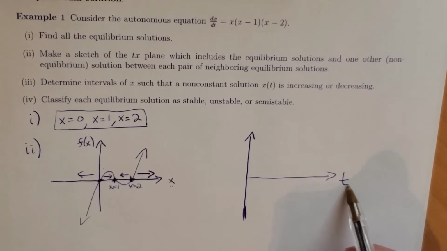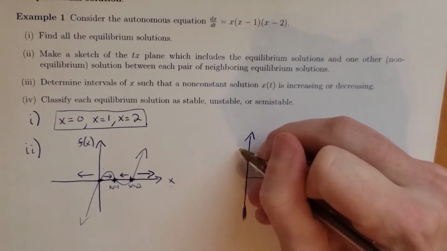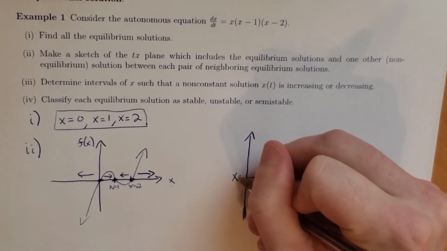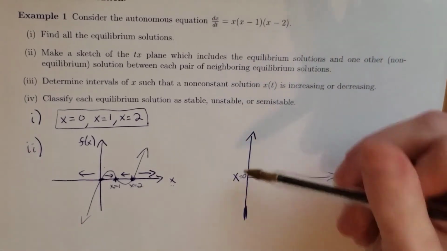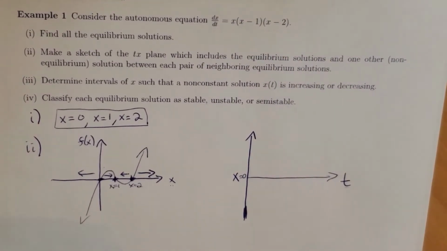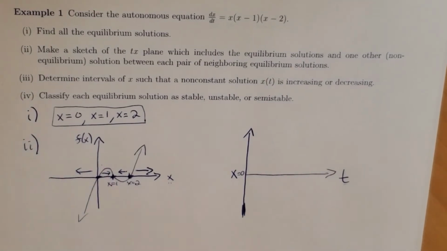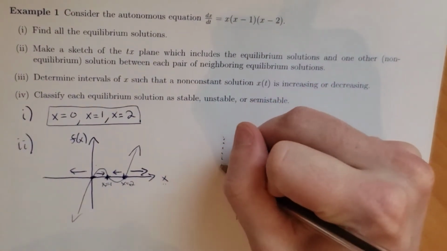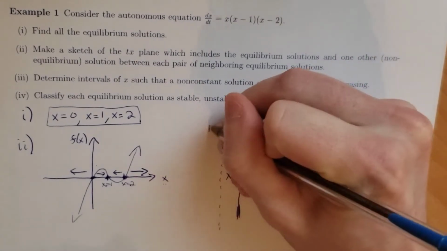T is our independent variable of the function x, and now we have our function x along the vertical axis, so our dependent variable or our output value along that vertical axis. This is a lot more standard to what we're used to seeing when we graph equations. So let's see what's happening here. Well, this thing out here is actually called the phase line. We're going to draw something called the phase line here.